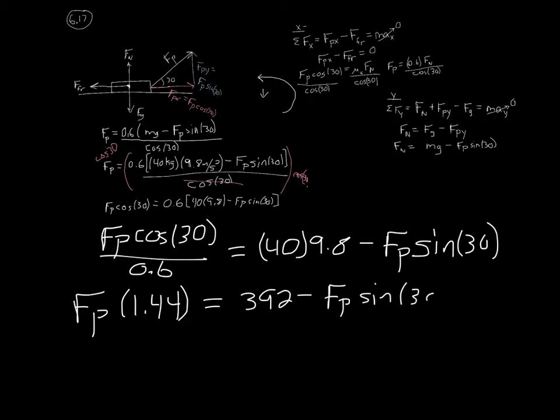I still have those Fp's on both sides. How do I get Fp's all on the same side? Move the Fp sine 30 over to the other side. How do I do that? No, I just add. So I add Fp sine 30 to both sides.